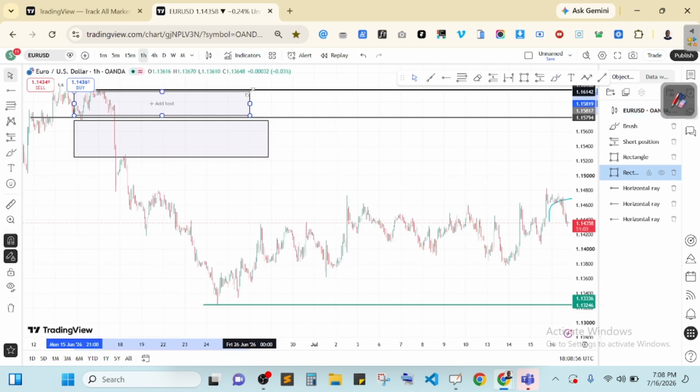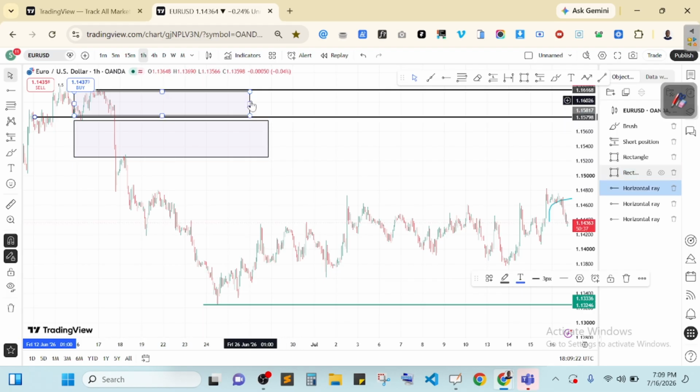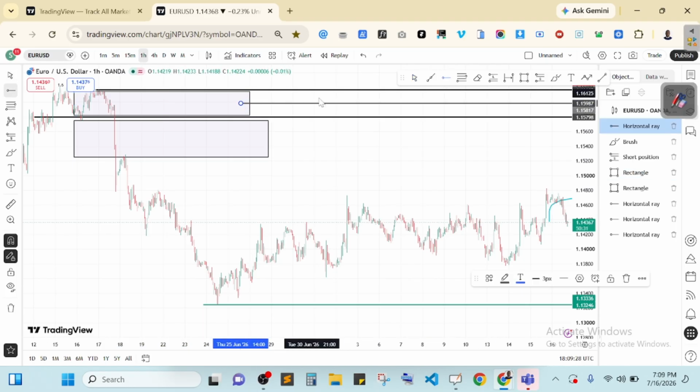Can you see now that the daily order block, see what it is on what time frame? So that is why I used to modify my order block, and the way I do that is by using 50 level of Fibonacci. So then you'll see this is the 50 level.